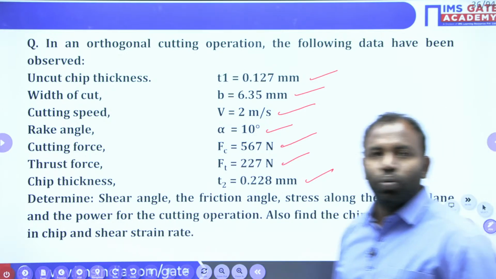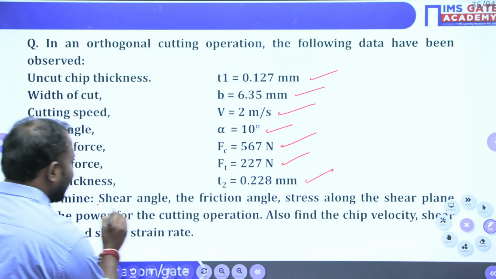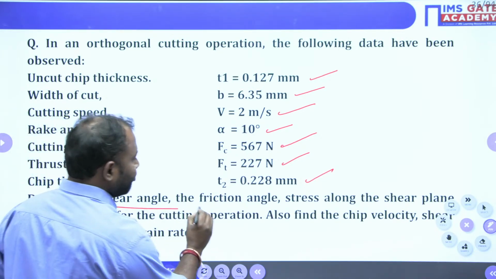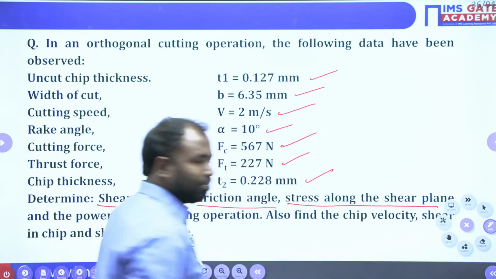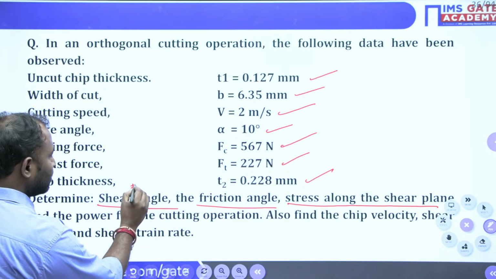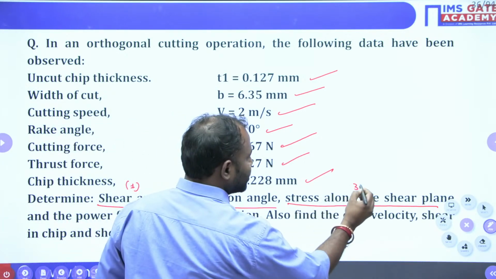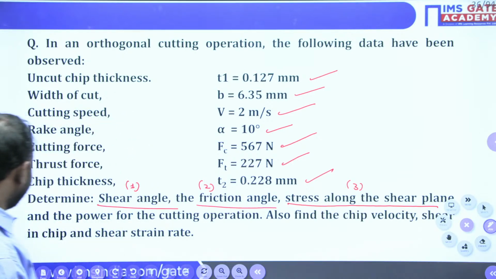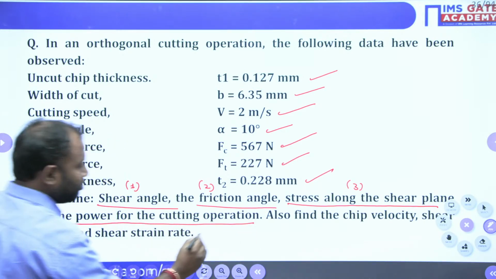So what do we have to find? Determine shear angle, friction angle, stress along the shear plane, that means shear stress. So first shear angle, second friction angle, third shear stress. Next is power for the cutting operation, that is the fourth one.